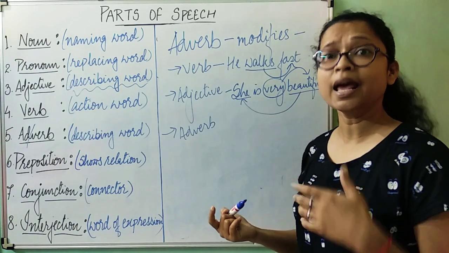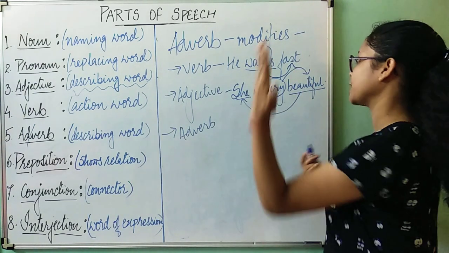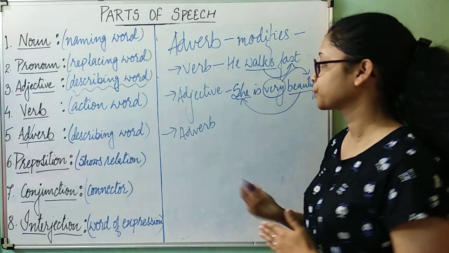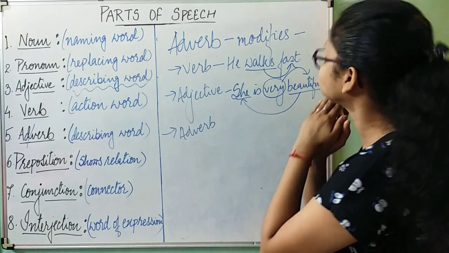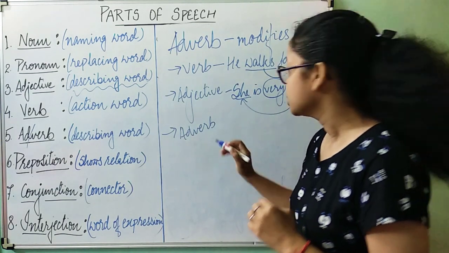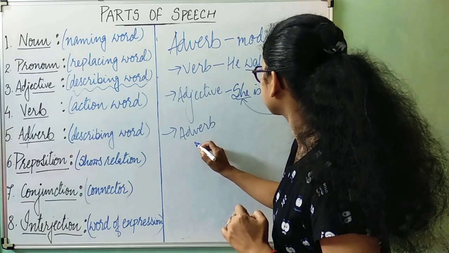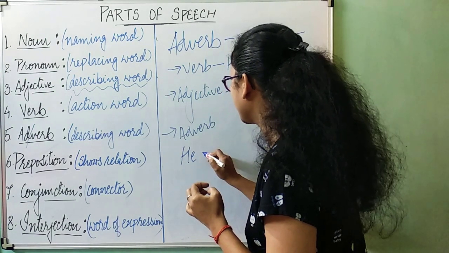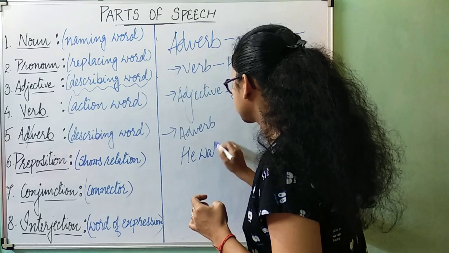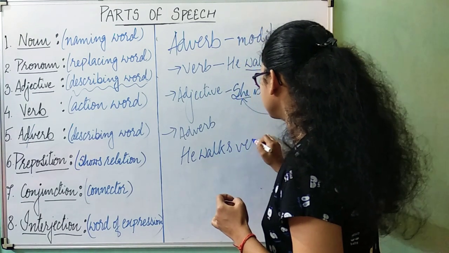Hence very is an adverb which is describing an adjective. Next, let's take an example: he walks very slow.